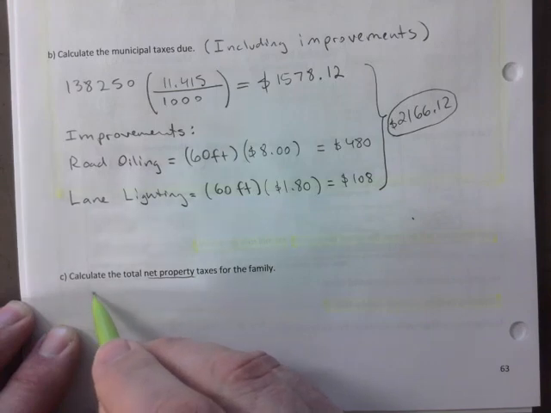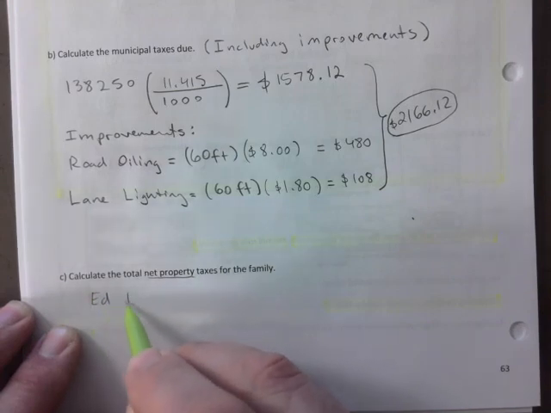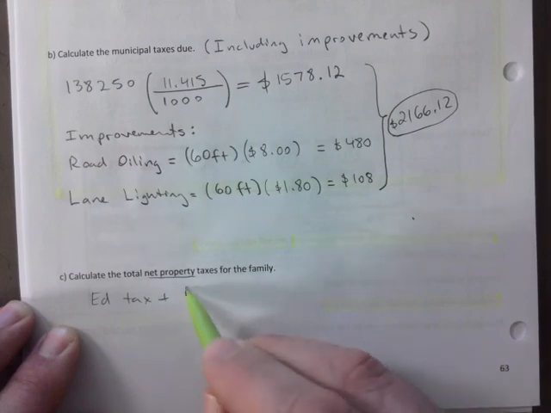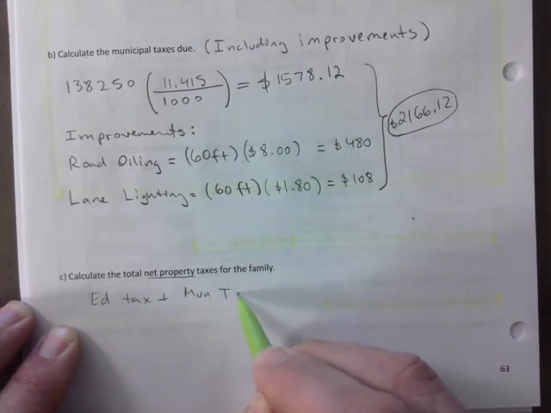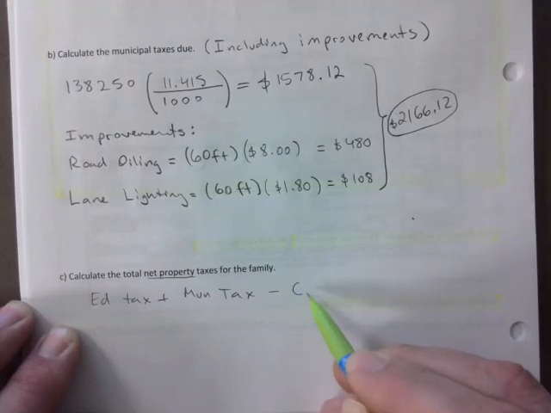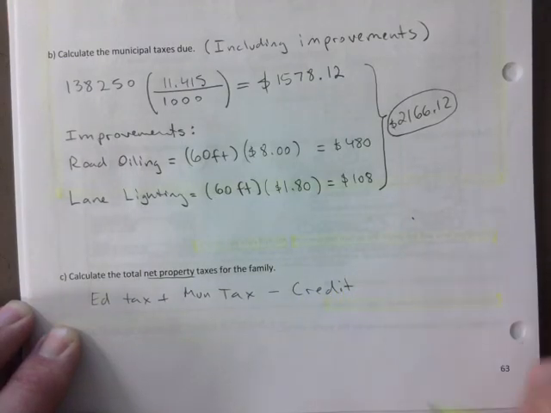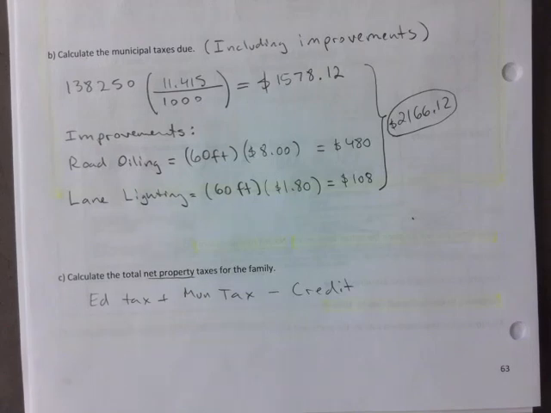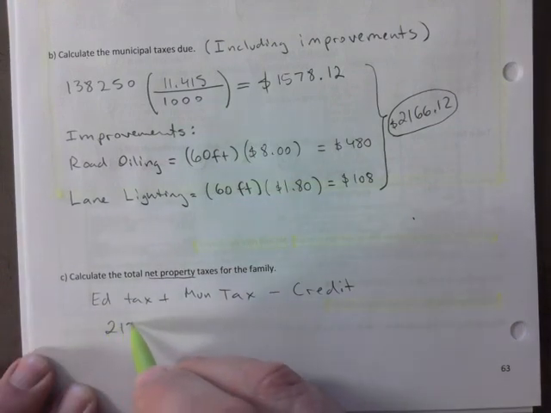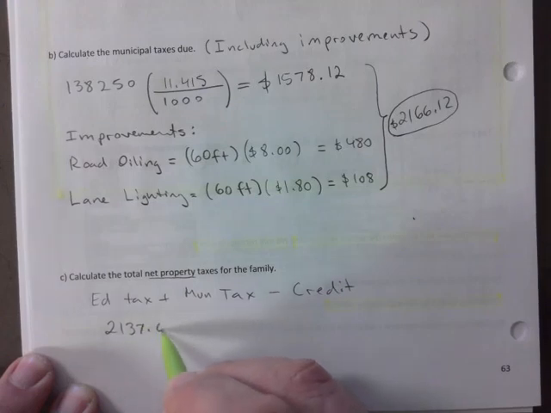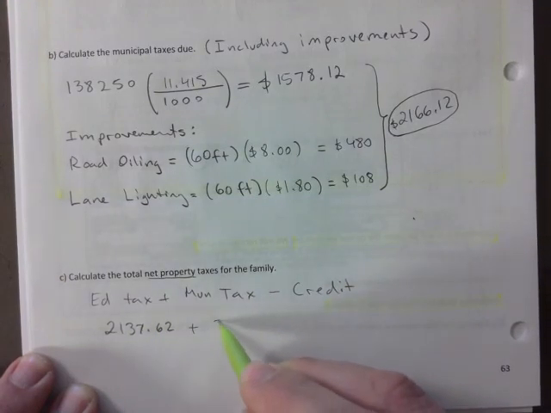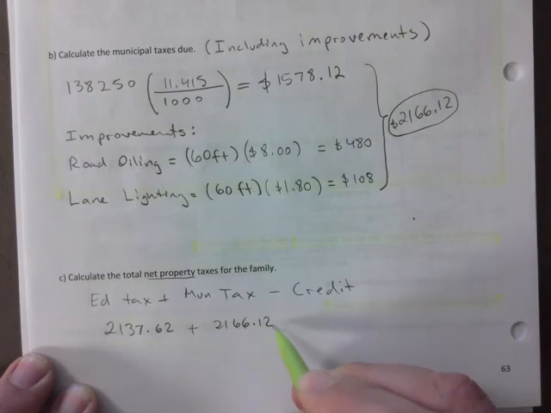We go education tax plus municipal tax minus credit. And keep in mind that the municipal tax has the improvements in it, right? So we go 2137.62 plus 2166.12.